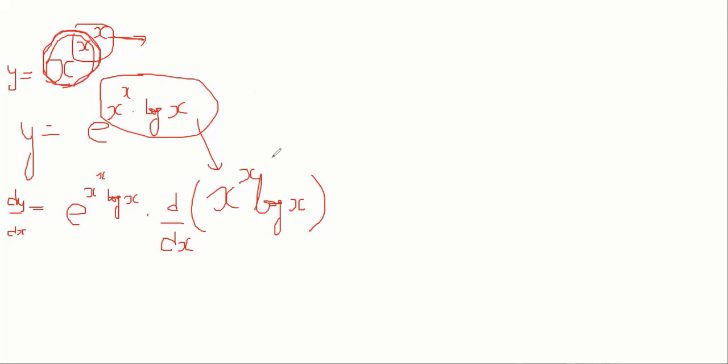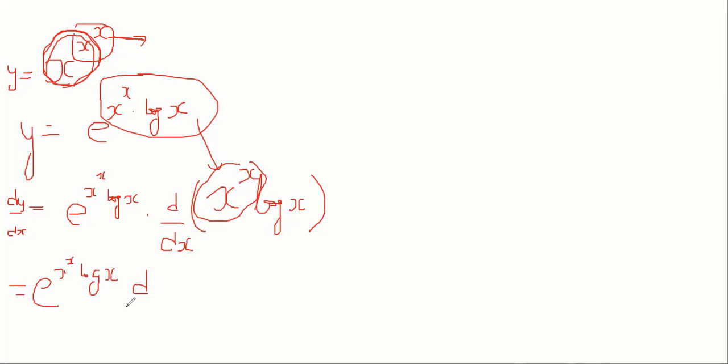So now e to the power x log x into d dx of x to the power x log x. Now what are you going to do? Again, this is x to the power x, right? Again we'll do the same stuff. So first I'll copy this e x, I'm not doing anything, I'm just copying as it is, log x.